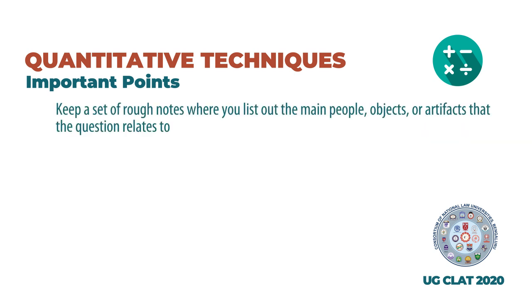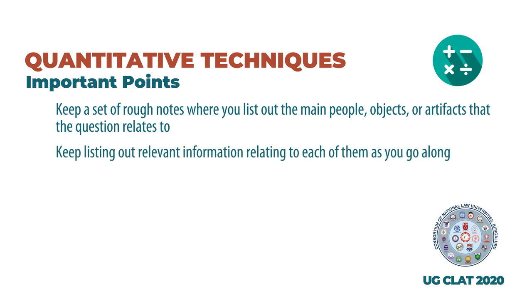In some instances, it is very helpful to keep a set of rough notes where you list out the main people, objects, or artifacts that the question relates to, such as trains, boats, vessels, and so on. Keep listing out relevant information relating to each of them as you go along.